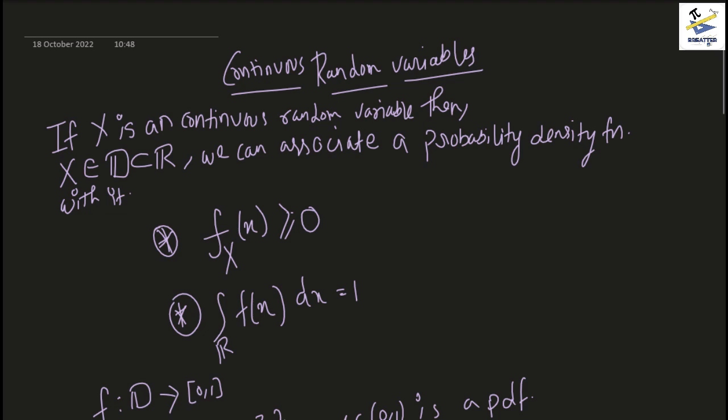So these two are the conditions that need to be satisfied in order for f of x to be a PDF of a continuous random variable X.